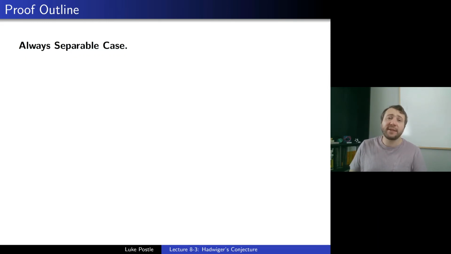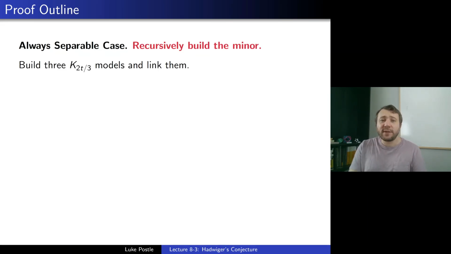So one way to do this for the always separable case is to recursively build a minor. What you do is you build three K2 over T over 3 models, and you link them. The idea is, I could find two, and actually if you repeat it again, 3 high chromatic subgraphs, which by generalizations would have high connectivity, and then I can link into them and recursively keep doing that.